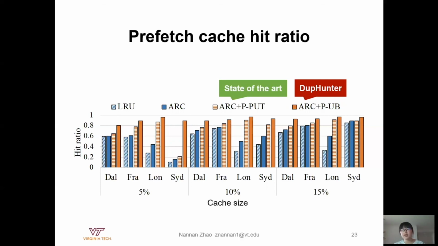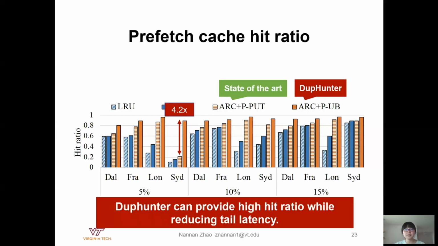For example, DupHunter's hit ratio for Sydney is 4.2 times higher than that of the state of the art. Note that, as shown in the paper, the corresponding tail latency also improved by 13%. So DupHunter can provide a higher hit ratio while reducing tail latency.